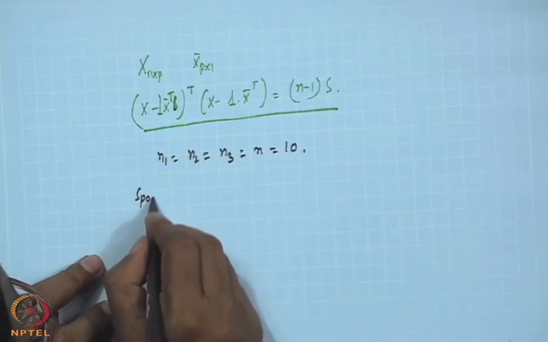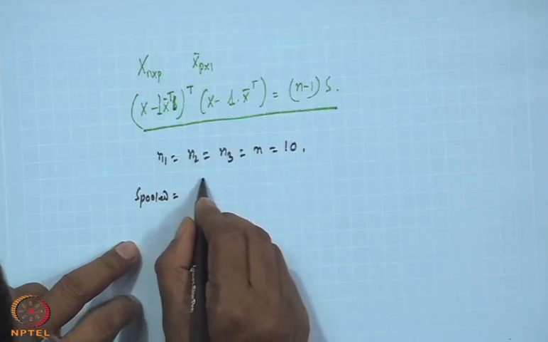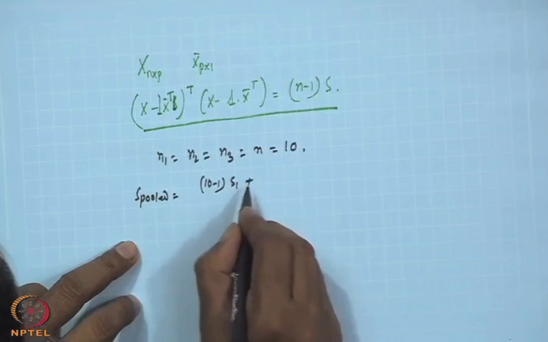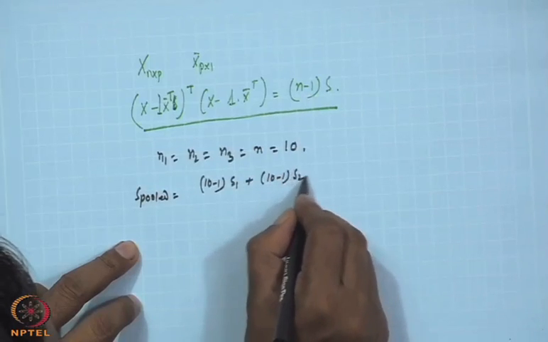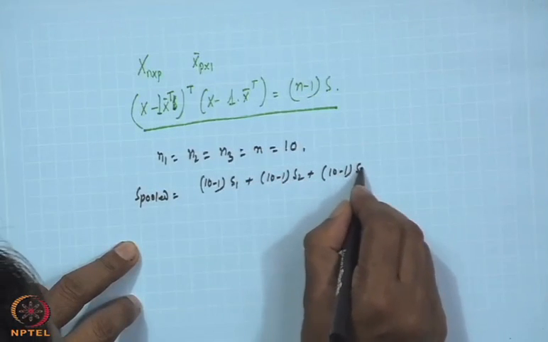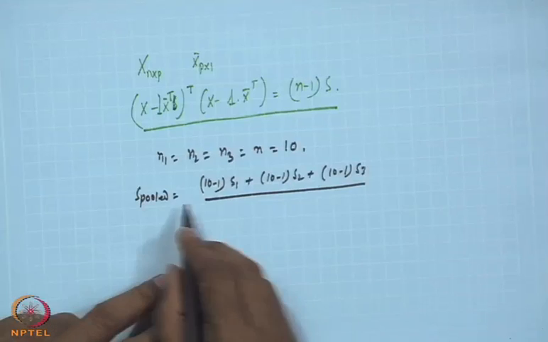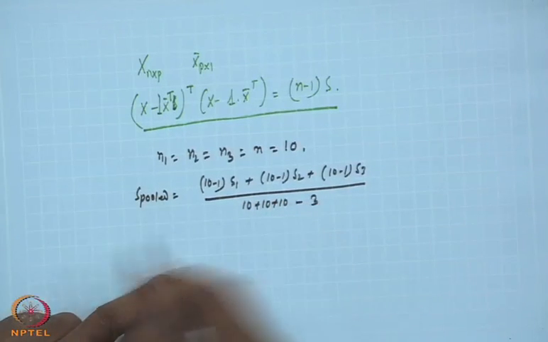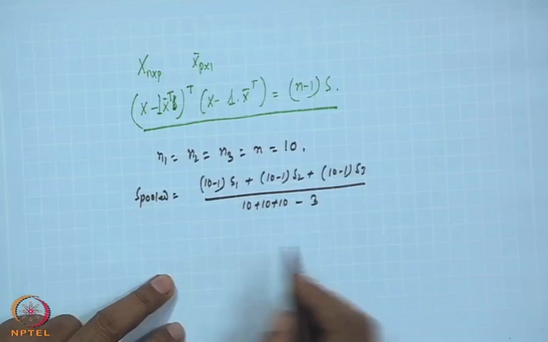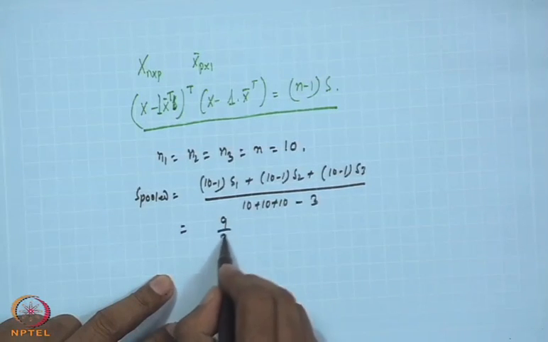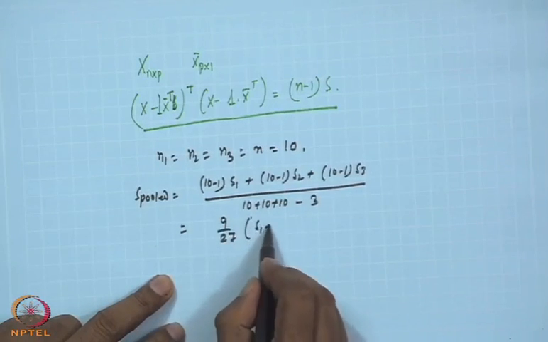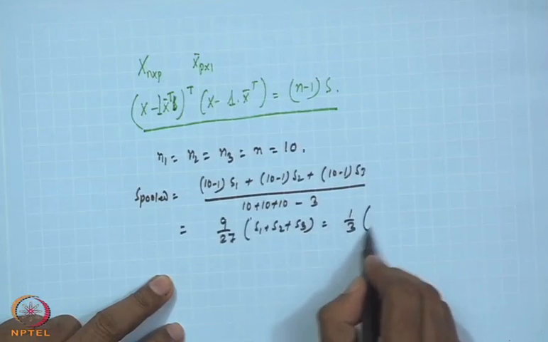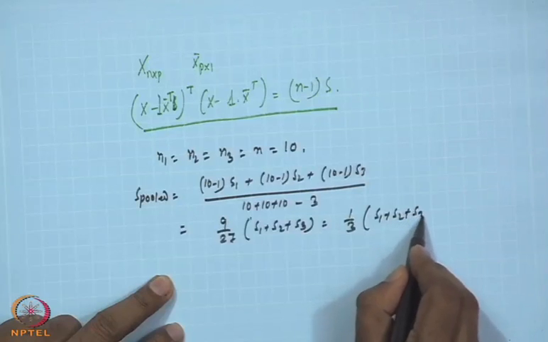So my S pooled will be (10 minus 1) into S1, (10 minus 1) into S2, (10 minus 1) into S3, divided by 10 plus 10 plus 10 minus 3. So it is 9 by 27 into (S1 plus S2 plus S3), so 1 by 3 (S1 plus S2 plus S3).